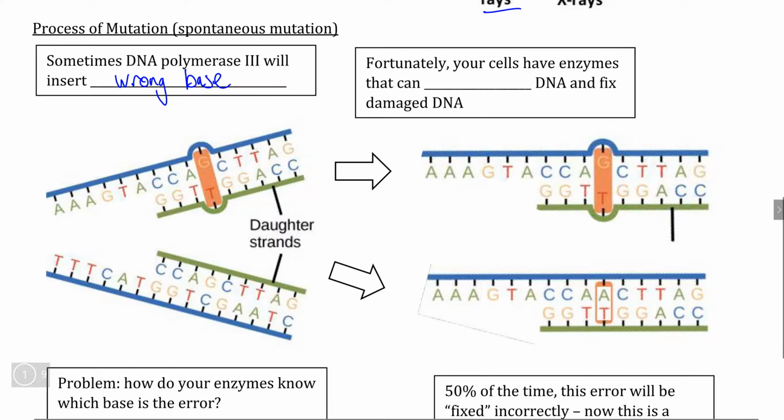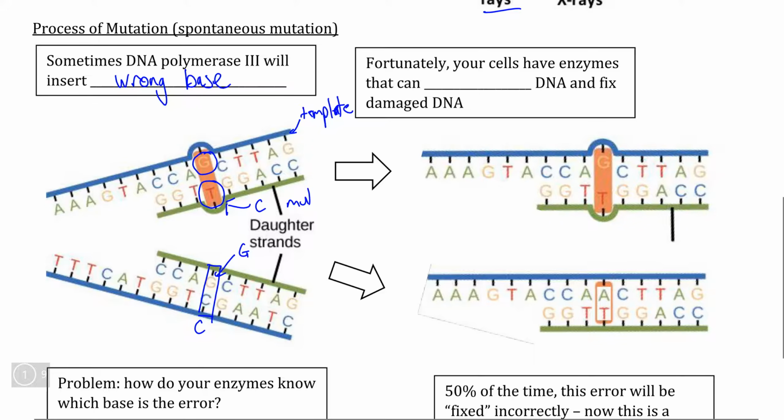If we look here, this is our template strand or the parent strand, and we can see that at this location, which is a G, the DNA polymerase 3 molecule has inserted the wrong base accidentally, thymine, when a cytosine should have been here instead, and on the corresponding daughter strand, we can see that on the template strand C, a G was put in, which matches the template on the other side.